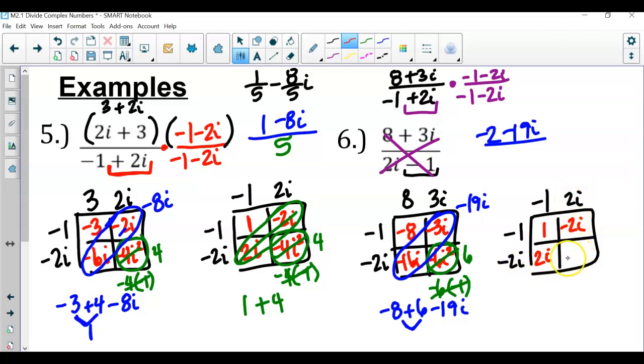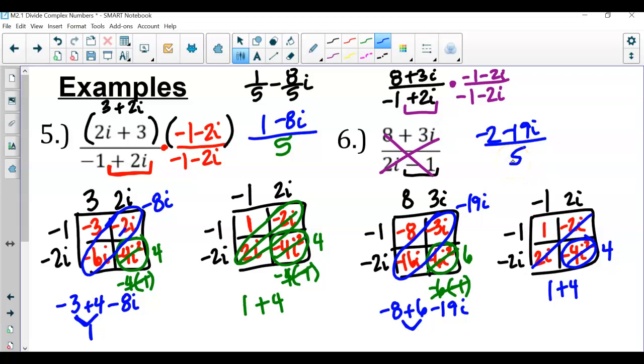And then 2i times -2i, -4i squared. Then again, i squared. So with that i squared, instead of -4, now we're going to have +4. Then same thing, the i's cancel out because -2 plus 2 is just 0. So again, we're left with 1 plus 4, which is 5.